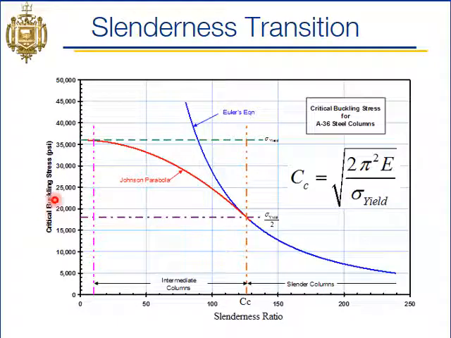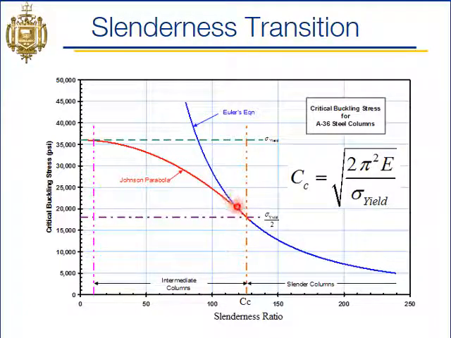We notice that where slenderness ratio is less than 10, our critical buckling stress is going to equal our yield stress. Then as our slenderness ratio begins to increase, our critical stress, or the amount of stress required to cause buckling in our column, begins to decrease.